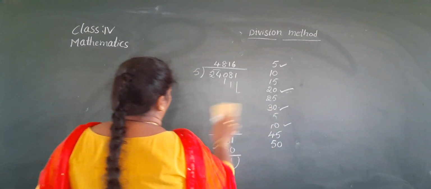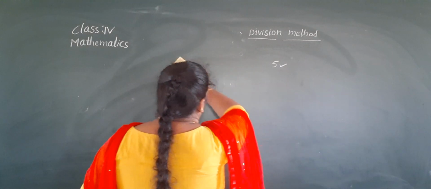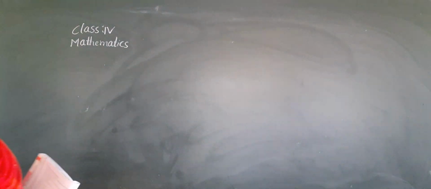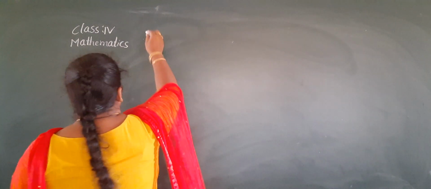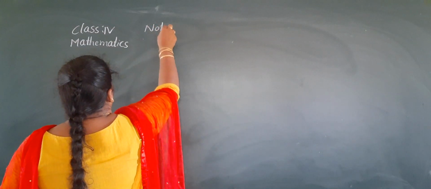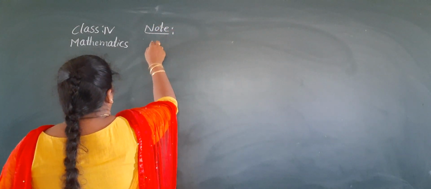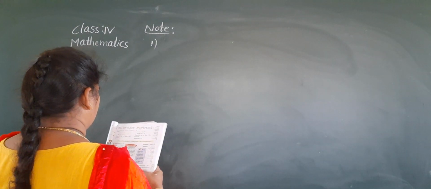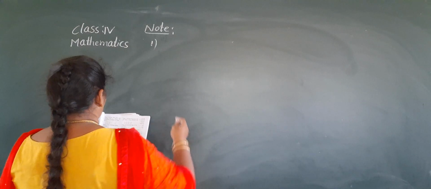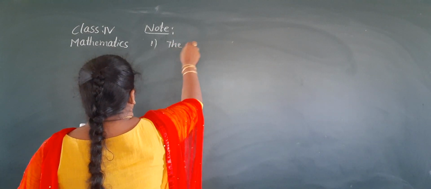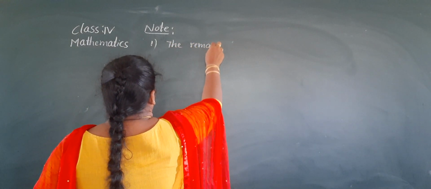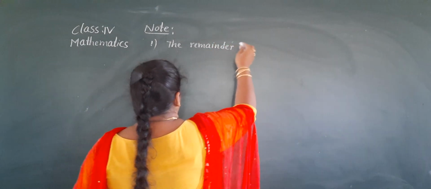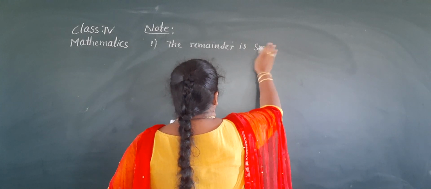Open your classwork children. Continue the classwork neatly. Keep a side heading, Note, and write the first point. The remainder is smaller than the divisor.